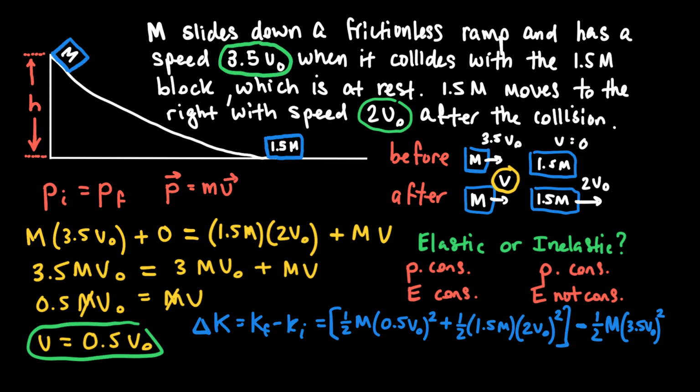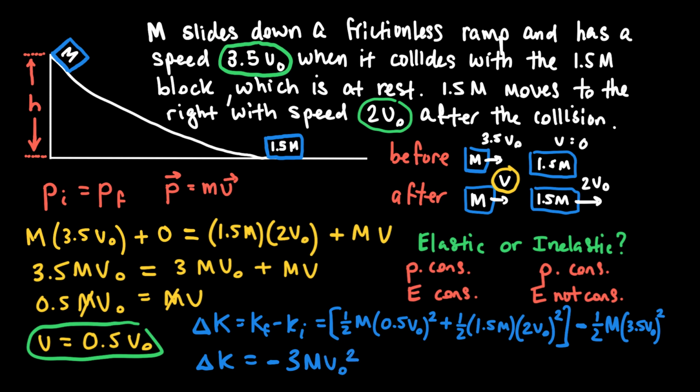I would strongly suggest that from here you go through and multiply some of these numbers through, square the speeds, pull the coefficients out in front, and add all these terms together to see what you get. What you should find is that the change in kinetic energy ends up being equal to minus 3m v naught squared.